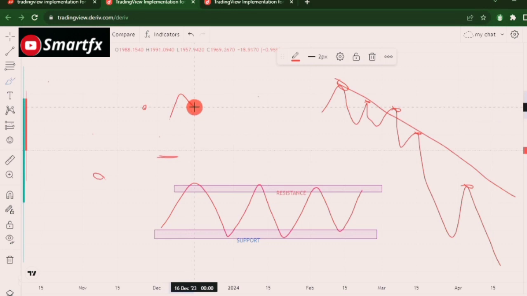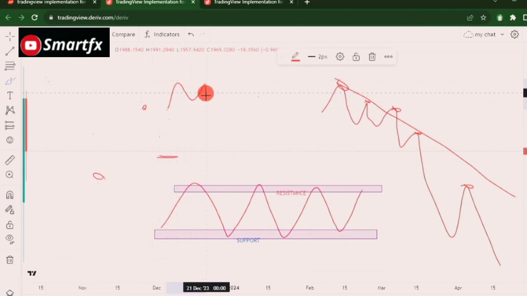This is an uptrend market. Before this market will change direction, it must make something like this. Sorry about that. Let me draw that again. Before this market will reverse, you watch out for something like this.